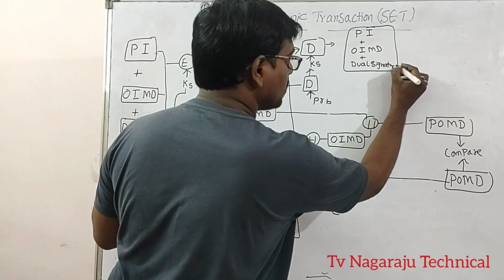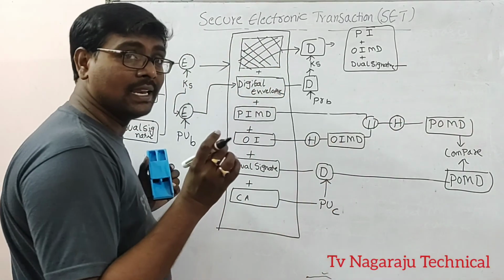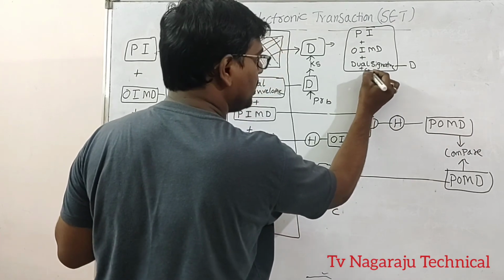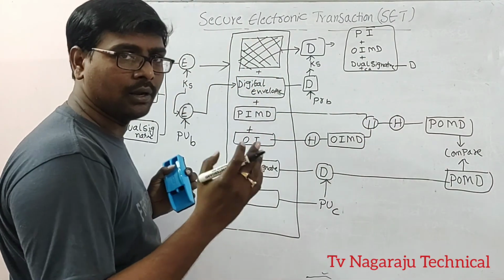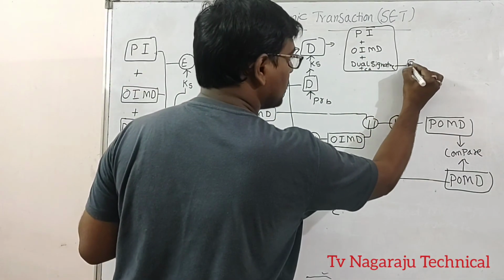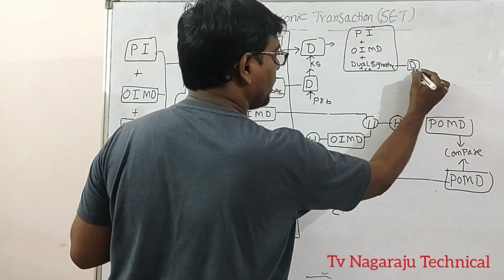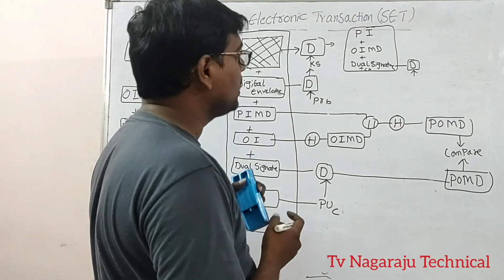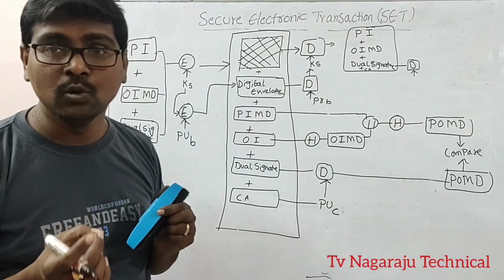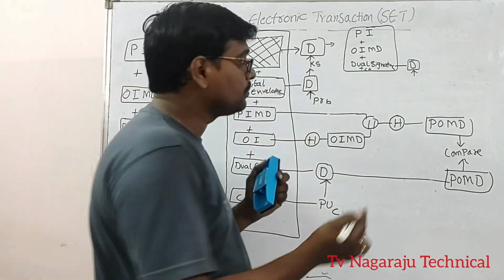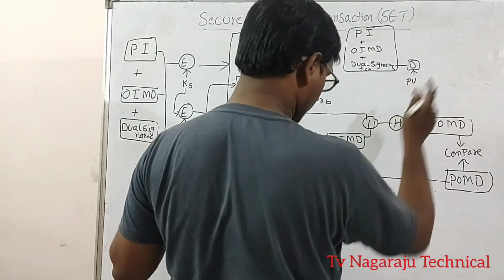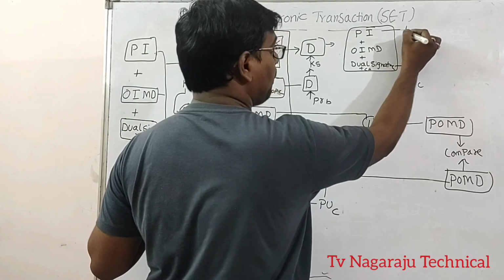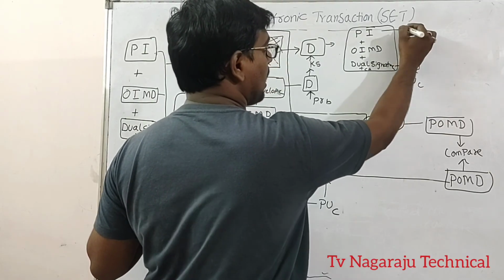What is the same process? The dual signature is decrypted. Remember, for everything the certificate is common, no need. So the dual signature is decrypted by using the public key of C.